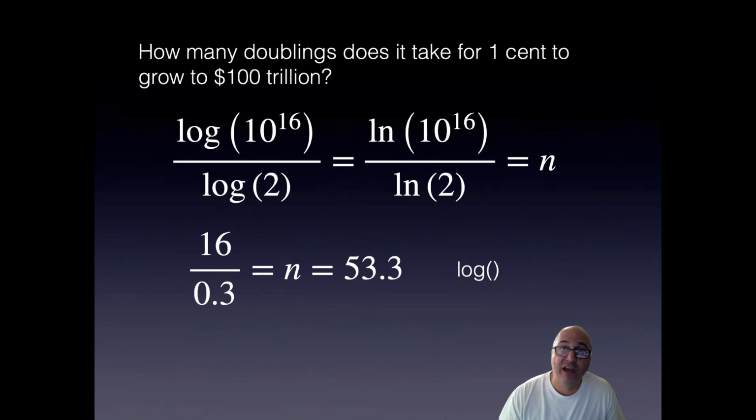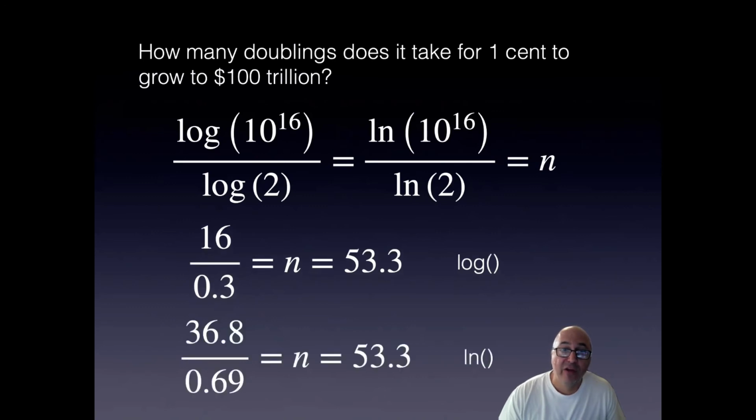Alternatively, if you do the second version with natural logs, the natural log of 10 to the 16th is 36.8, and the natural log of 2 is 0.69. If you divide them, you get the same answer. So that's really, again, the key. You can do it either way with any kind of log, as long as it's the same log in both the numerator and the denominator.